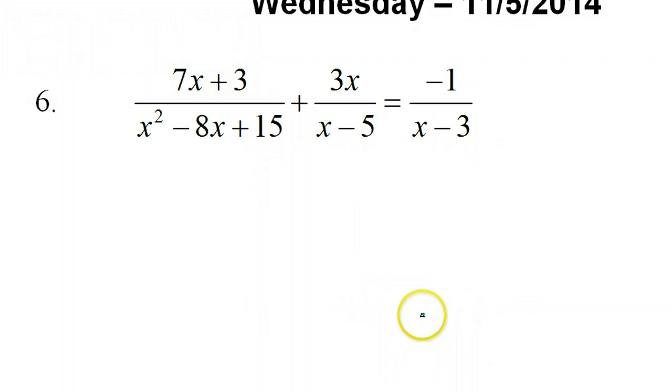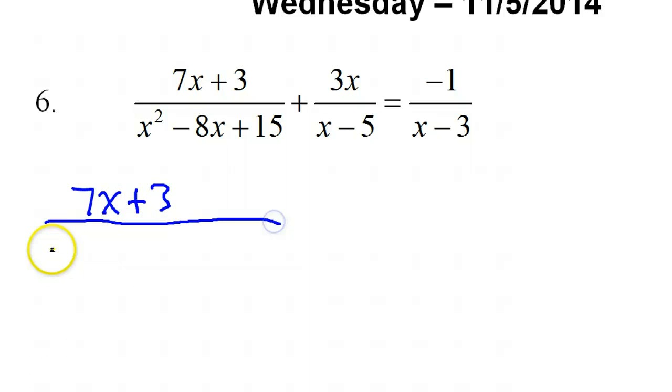Alright, how about number 6? I'm definitely going to factor this thing down. So let's see, I will have 7x plus 3. And let's see how this thing factors. X squared, that's x times x. 15, I'm thinking 3 times 5.